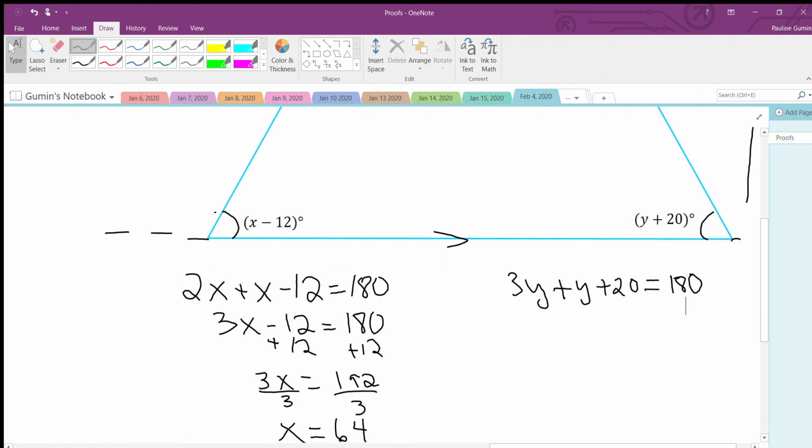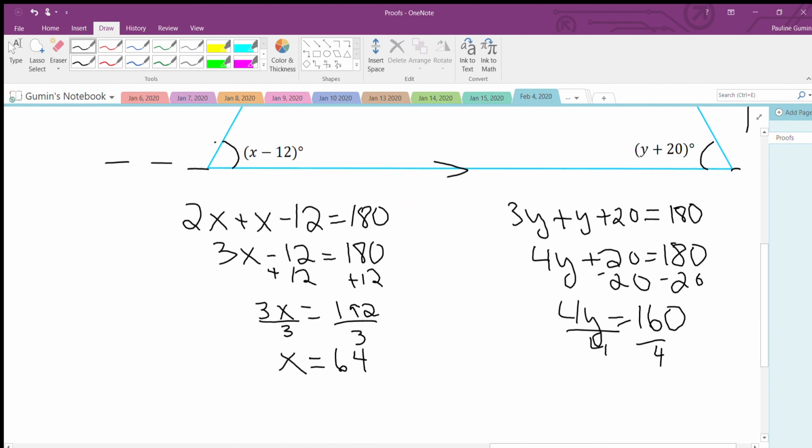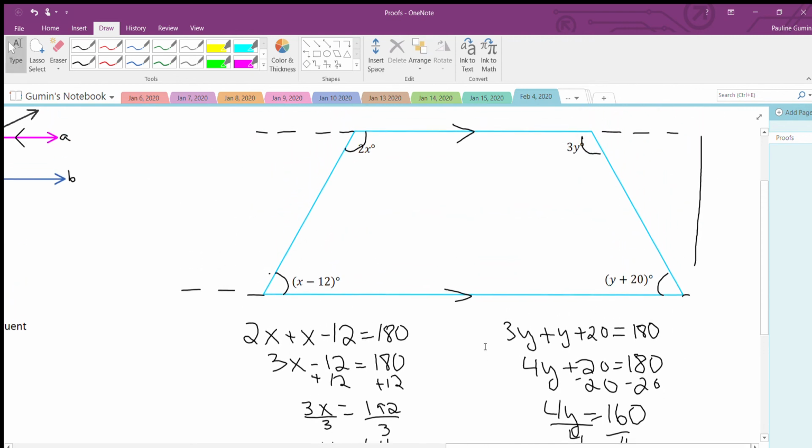After we plug things in, of course. 4y plus 20 equals 180, so let's subtract that 20. 4y equals 160, divide. y equals 40.